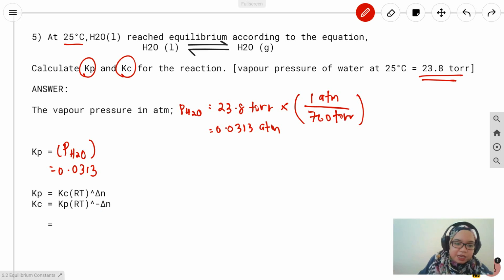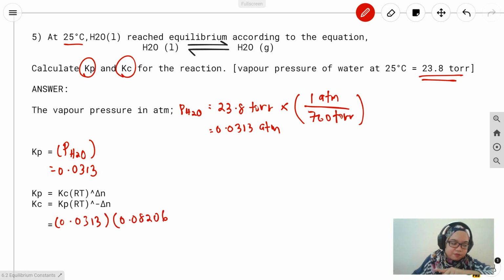So now we get Kc is equal to 0.0313 times R, we use 0.08206 liter ATM per mole per Kelvin, times the 25 degrees Celsius. So in Kelvin, 298 Kelvin.